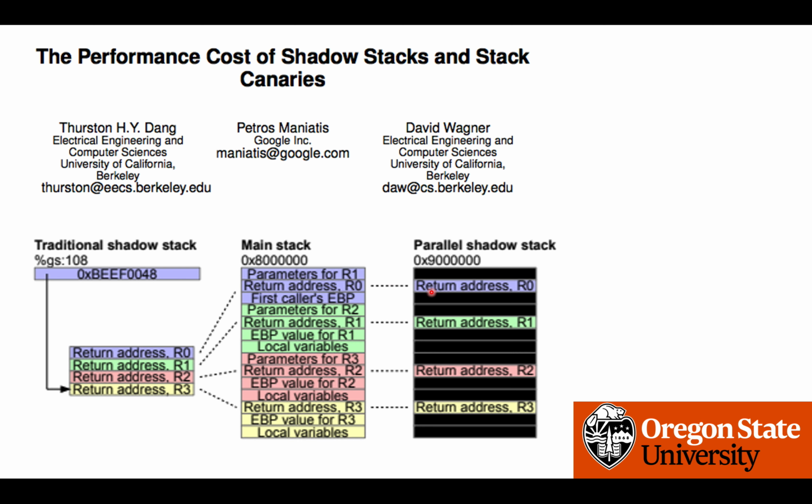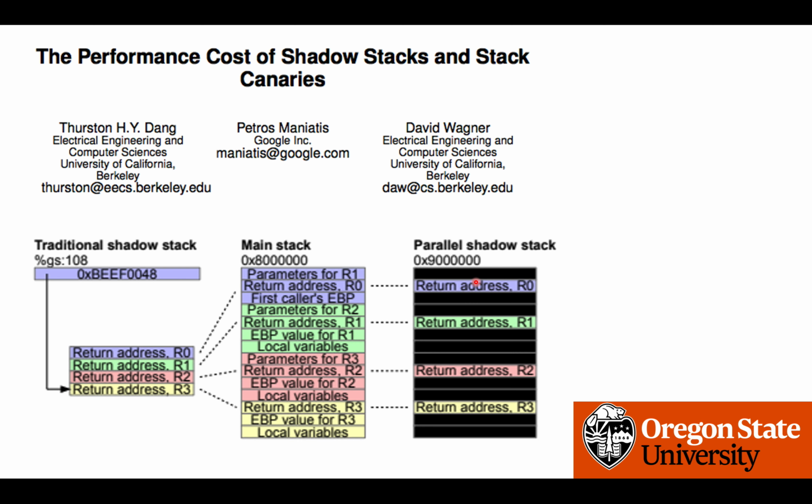Think about it: even if we overwrite the return addresses here, if we don't overwrite the return addresses in the shadow stack, then the return target is invalid. So we cannot launch the control flow hijacking attack here. By making the return addresses unchangeable, we can provide a fundamental defense against return address overriding attacks.